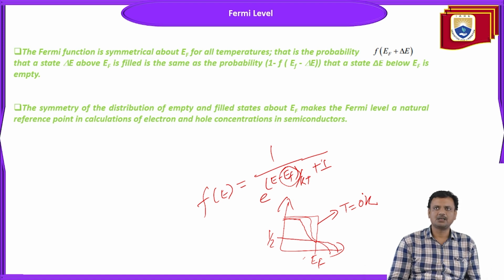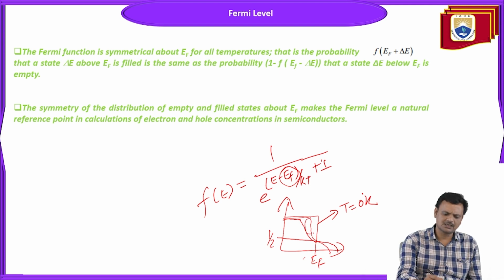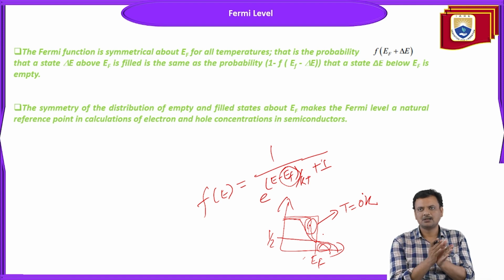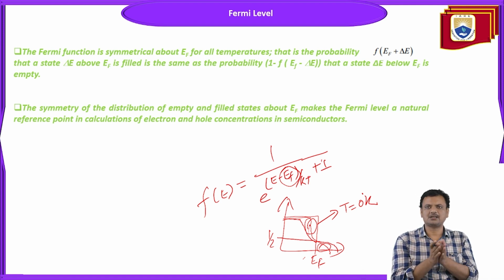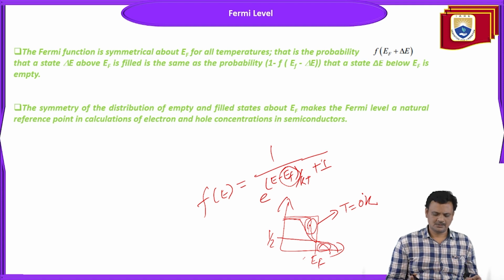That is, the probability F of EF plus delta E that a state delta E above EF is filled is the same as the probability 1 minus F of EF minus delta E, that the state delta E below EF is empty. This means the chance for an unoccupied level and the chance for an occupied level on both sides of the Fermi energy level are the same.